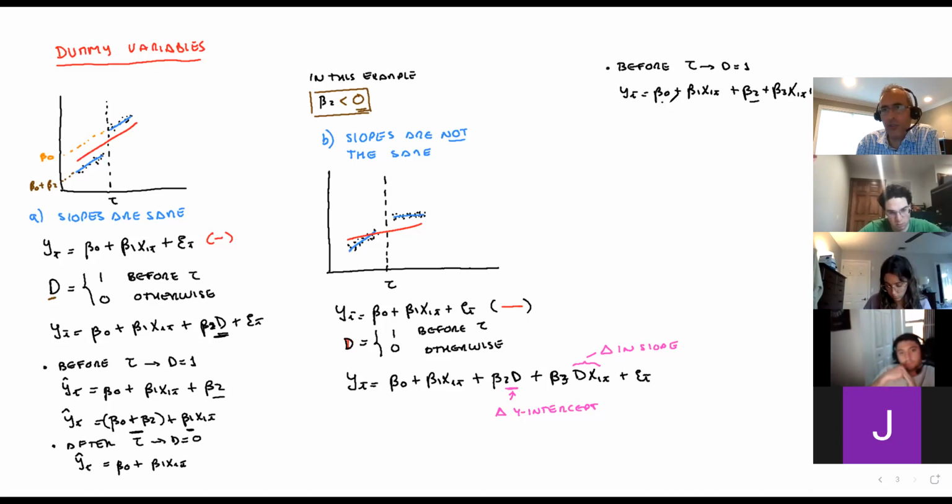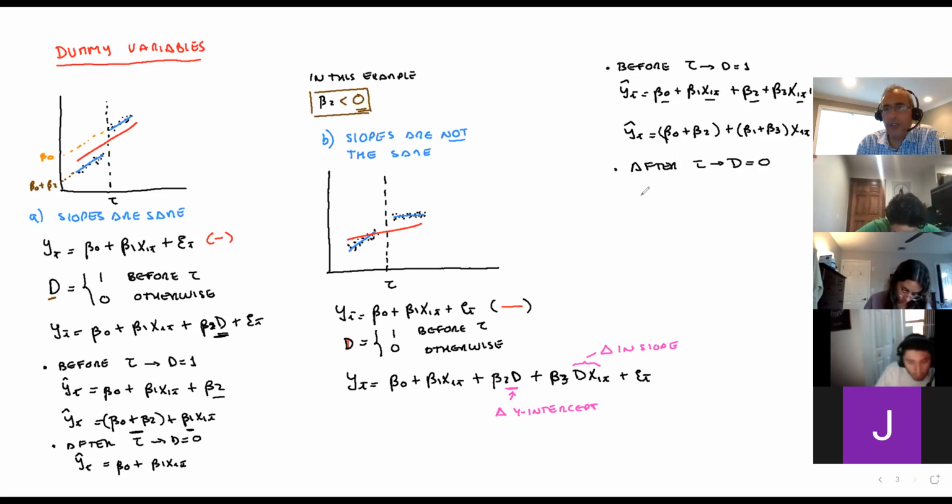So this is a constant, which goes with this one here, and this has a common factor x1t. So I can aggregate: beta 0 plus beta 2 is my new intercept, plus beta 1 plus beta 3 times x1t. So this is my new slope. Now, what happens after tau? This implies that d equals 0, so the terms that have d disappear. I end up with beta 0 plus beta 1 x1t. And that's it. So now I'm controlling for everything.